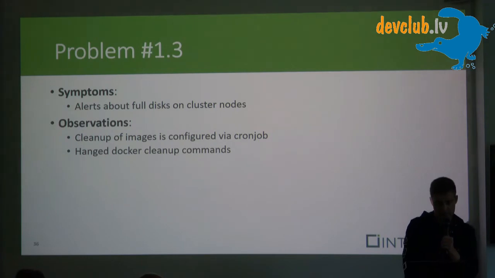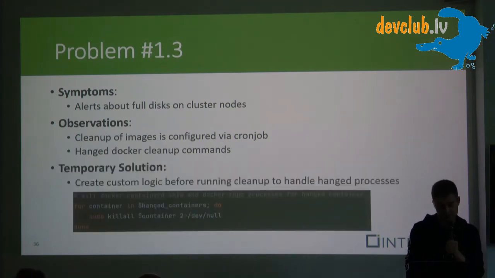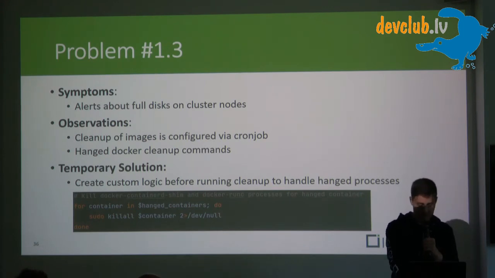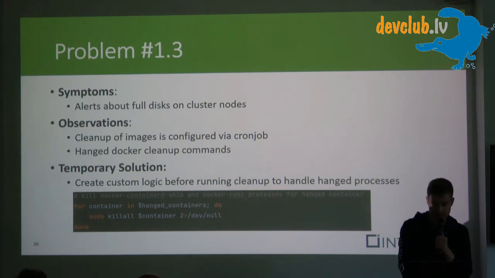So we saw that the processes related to the cleanup of the Docker containers were hanging. And again, GitHub no help, Google no help. So again, another hack. We just added logic that was handling the hanged processes and killing them before running cleanup again.